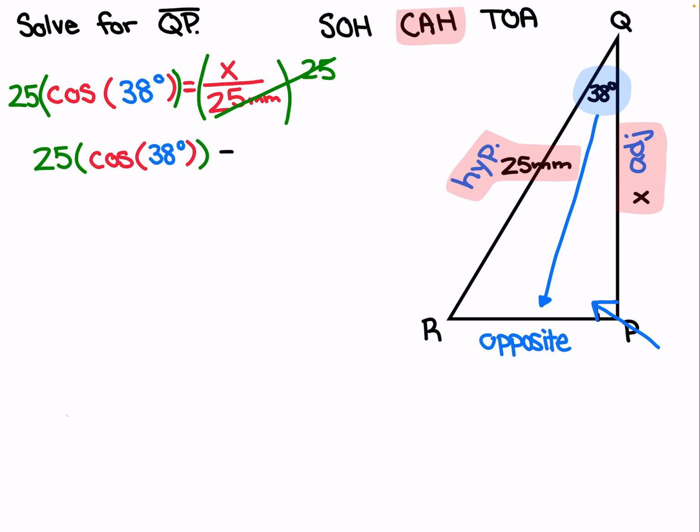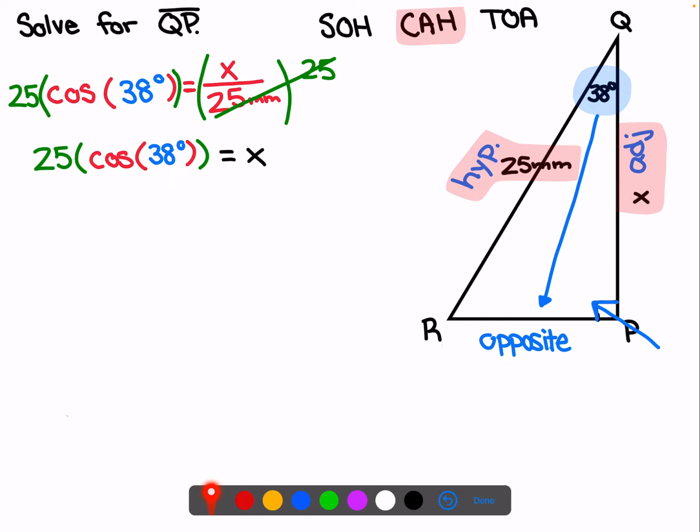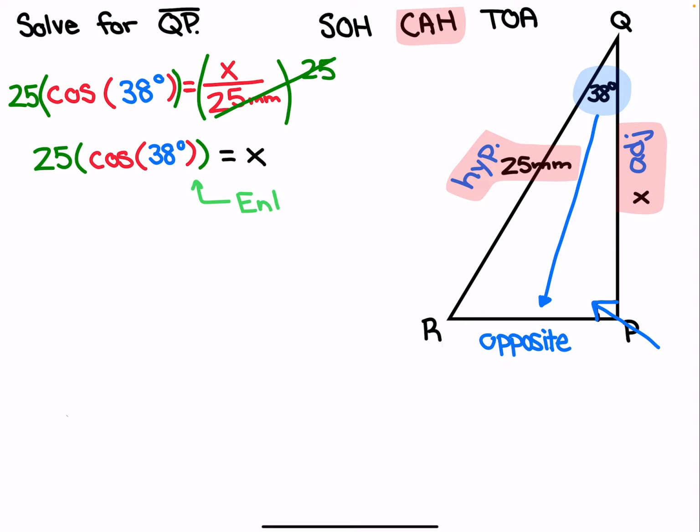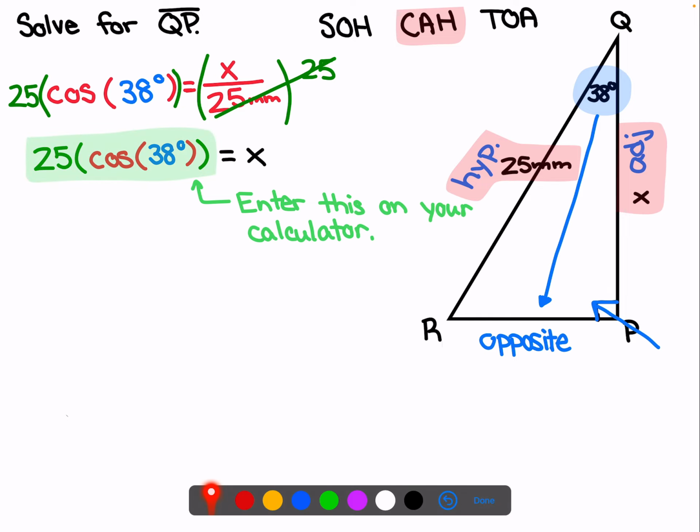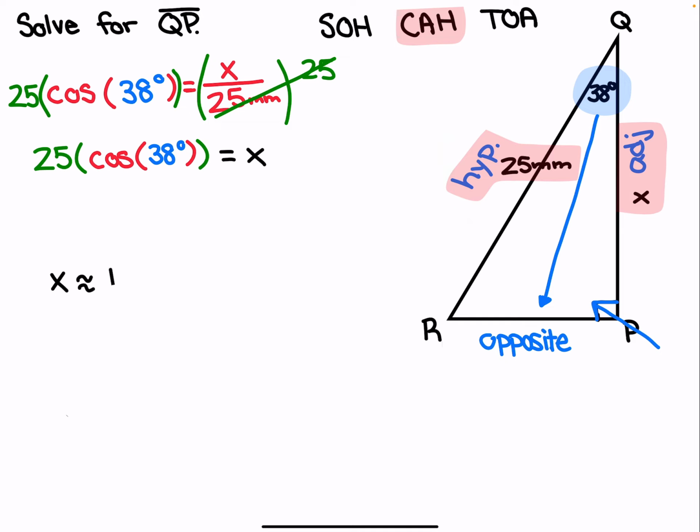This is what we're going to enter in on our calculator. Doing so, 25 cosine of 38 will leave you with 19.70026884. But again, we're rounding to the nearest hundredth. So x will be about 19.7 millimeters.